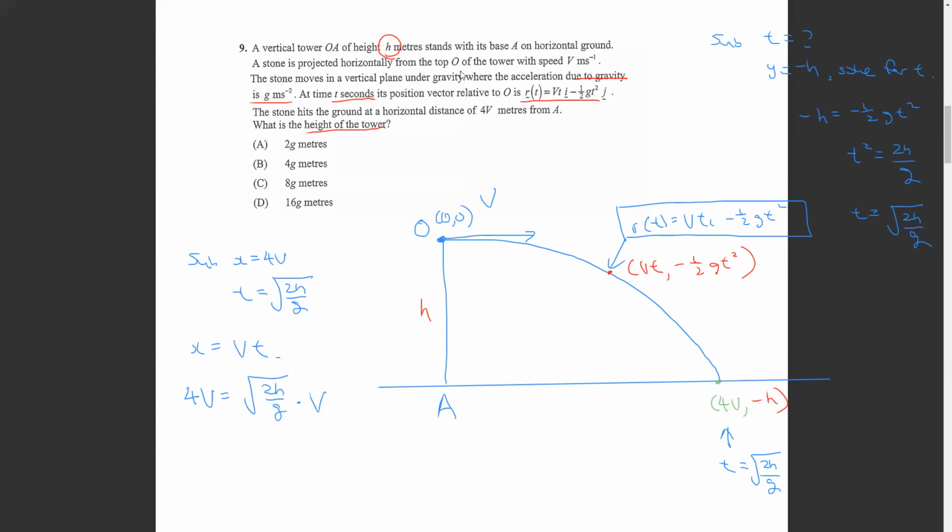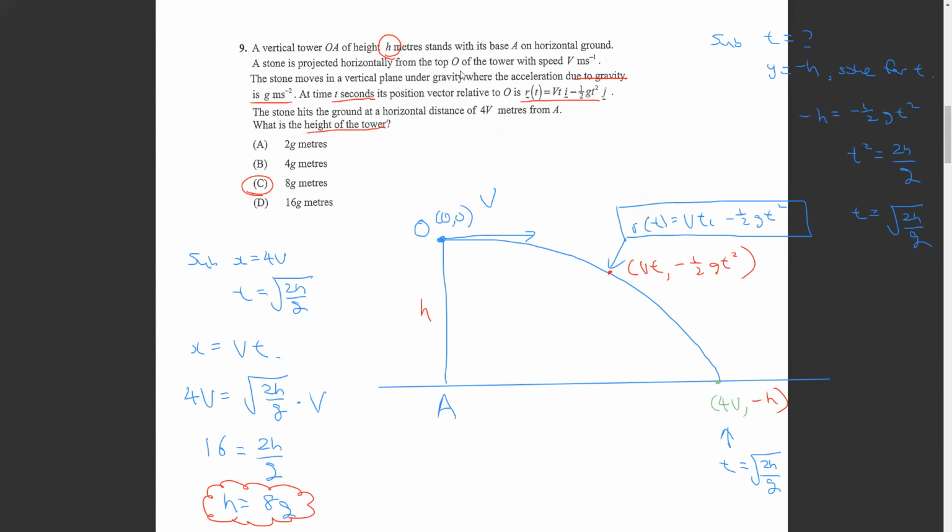So the v's cancel, and you'll get 16 equals 2h over g. So h must equal 8g. Just move the g across and the 2 down. And that means C there would be your answer.